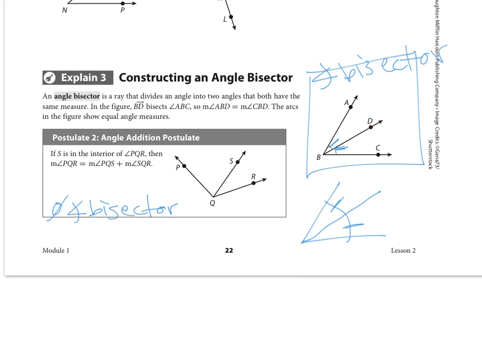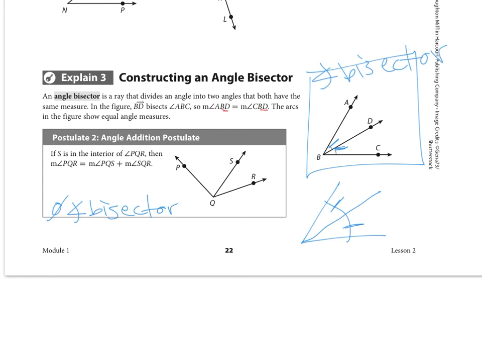And again, just like before when we were talking about 2 segments that made up a larger segment that were collinear, the repeated letters here are BD and BD, so that means that's the ray that cuts through the middle, that's shared as a side of both angles.